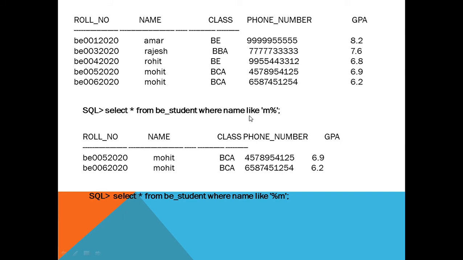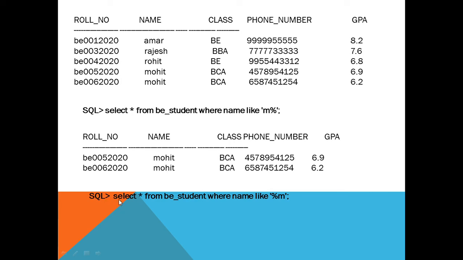Because I am using name like M%, if you write the percent after any character, it will check in name whether the name starts with M or not. Yes, for Mohit the name starts with M, the first letter is M. That's why it gives the result.